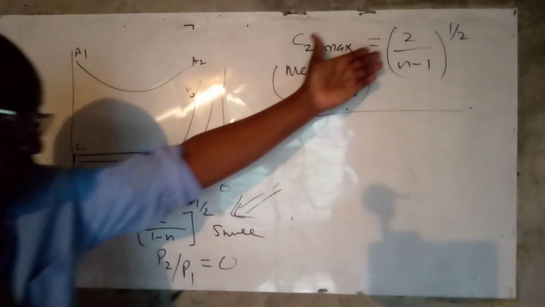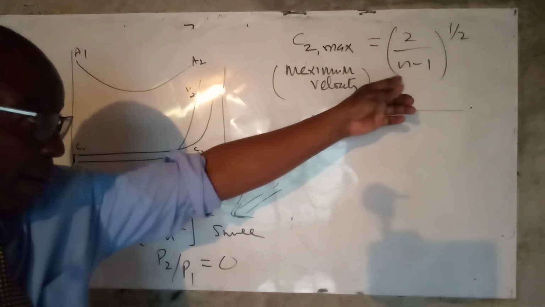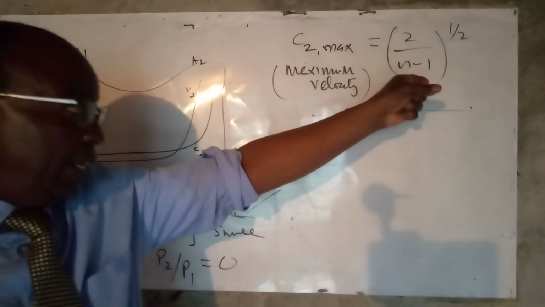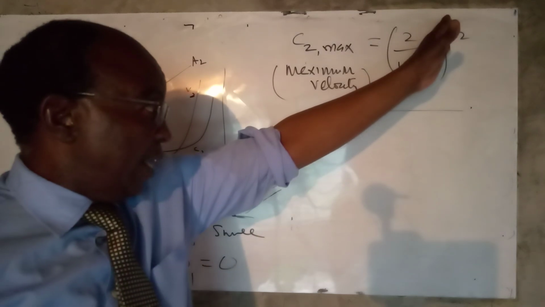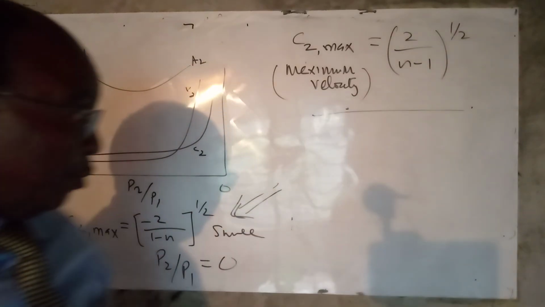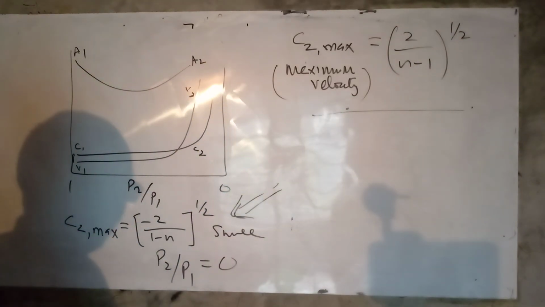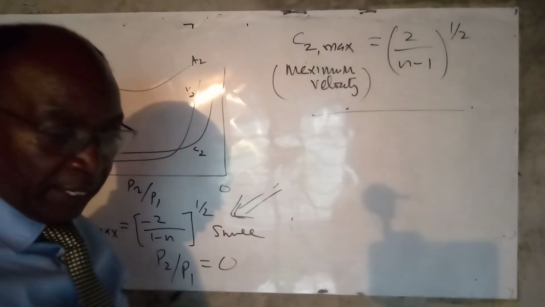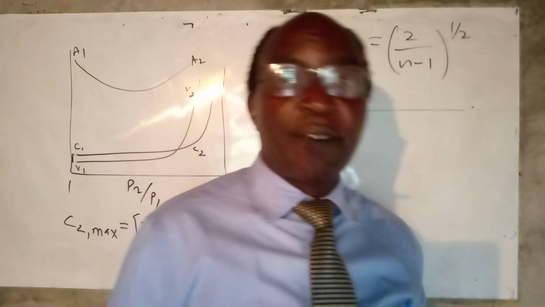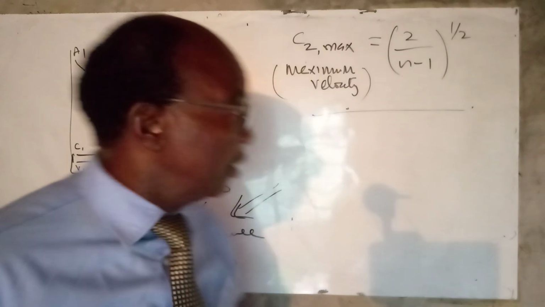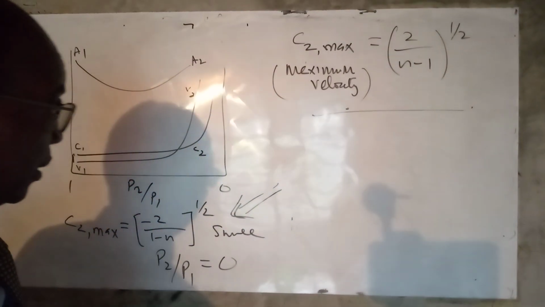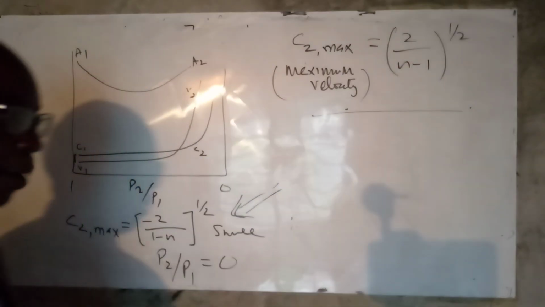Remember, n is the index of expansion. I've told you that, for example, when you're talking of steam, the wet vapor, n will have a value of about 1.135, and in the superheat region, it will be about 1.3.